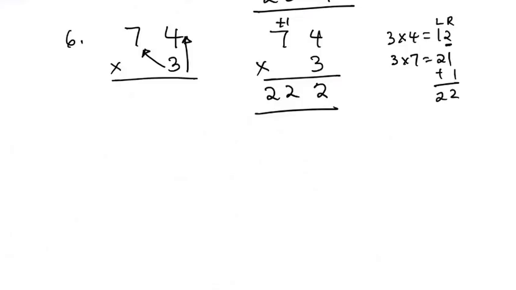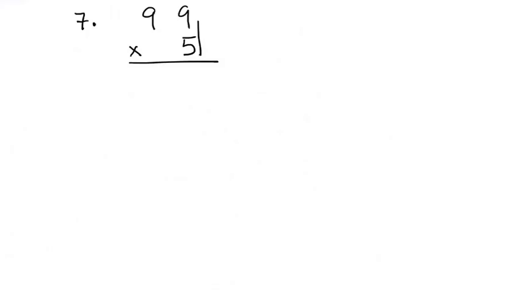I still have time. We can take 2 more examples just to be able to reinforce the concept. So we go to number 7. We have 99 times 5. How do we multiply this? You understand the concept by now. 5 will multiply 9, and 5 will also multiply this 9.